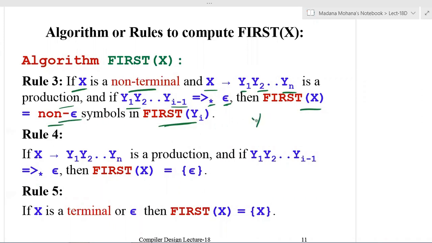For example, Y1 derives epsilon. Then what you have to do is find first of Y1 minus epsilon.